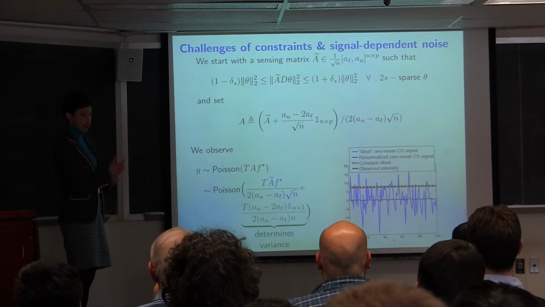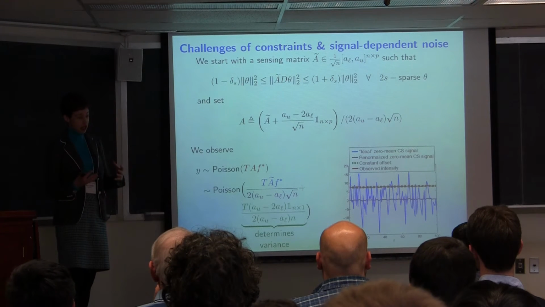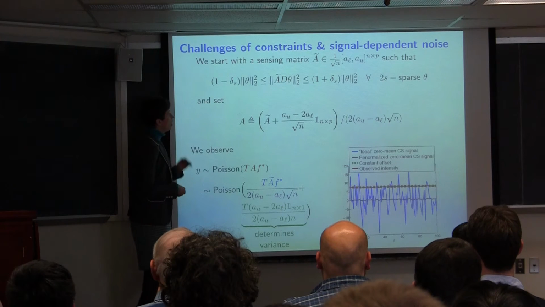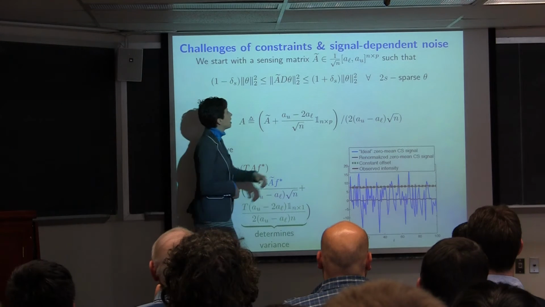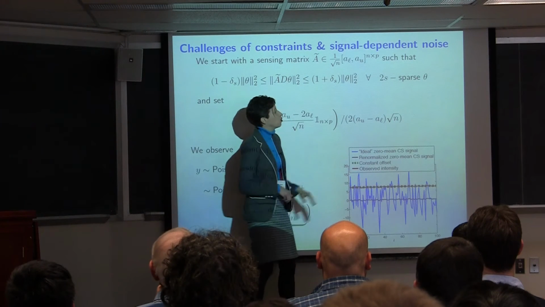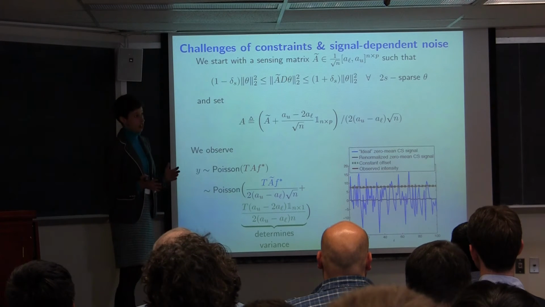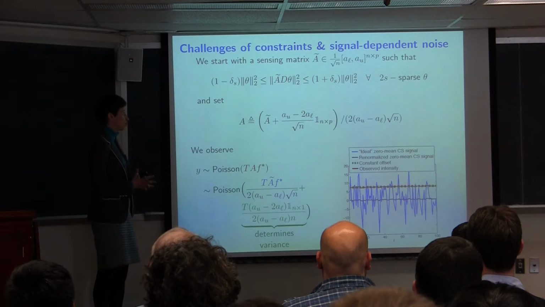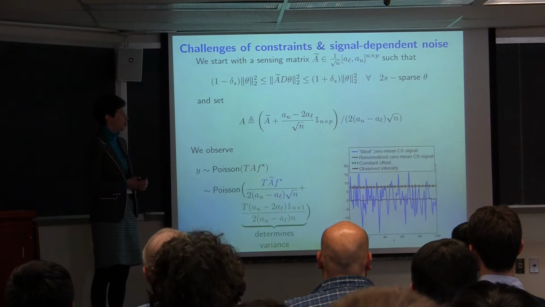There are a few ways you could sidestep this. What Robert and I considered a few years ago were some methods for generating sensing matrices based on expander graphs. Today I'm going to focus on an alternative approach where we start with a sensing matrix A tilde which satisfies, say, the restricted isometry property. This is the sensing matrix we'd like to use, the one we have all kinds of insight into based on the body of CS literature.